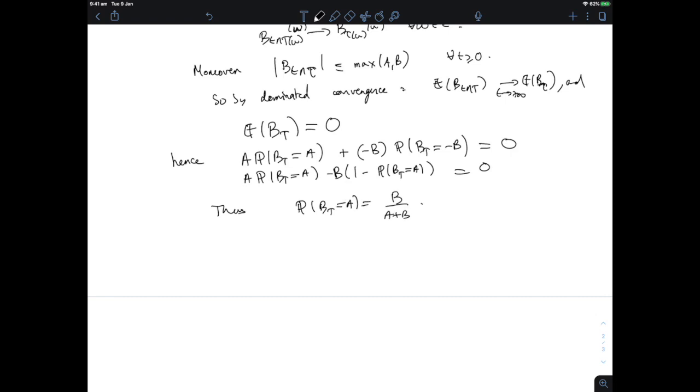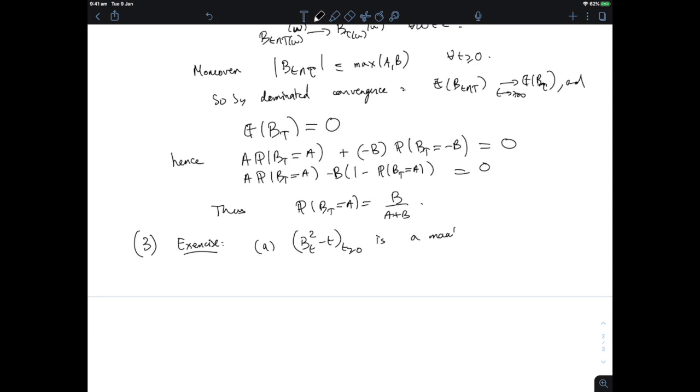Now, I'm going to leave part 3 as an exercise, but I'm going to give you the steps, although you could follow the discrete time situation. First, you prove that Bt squared minus t is a martingale.